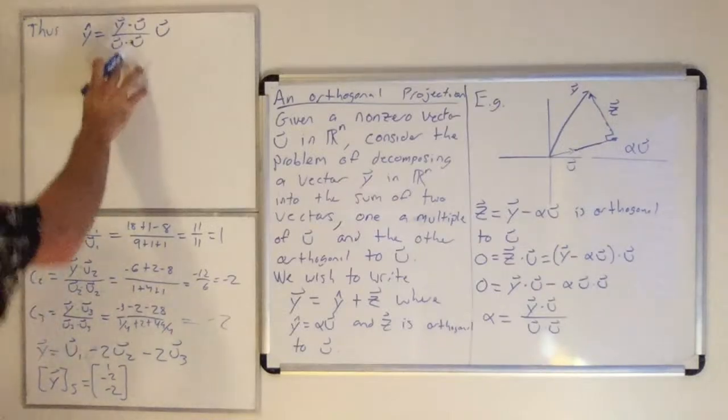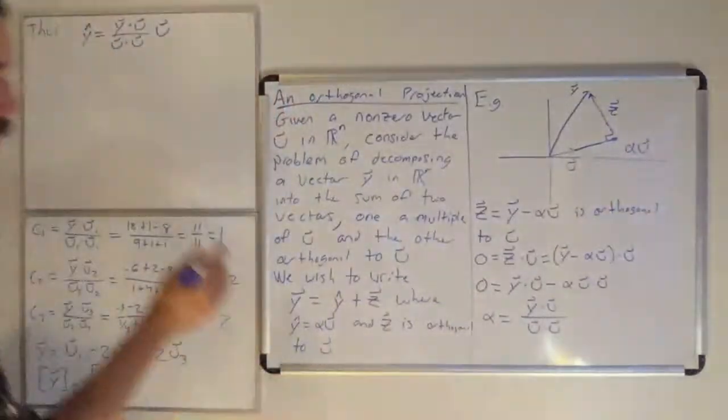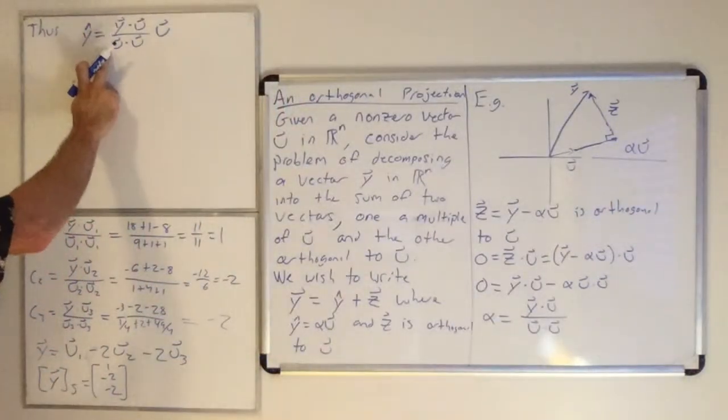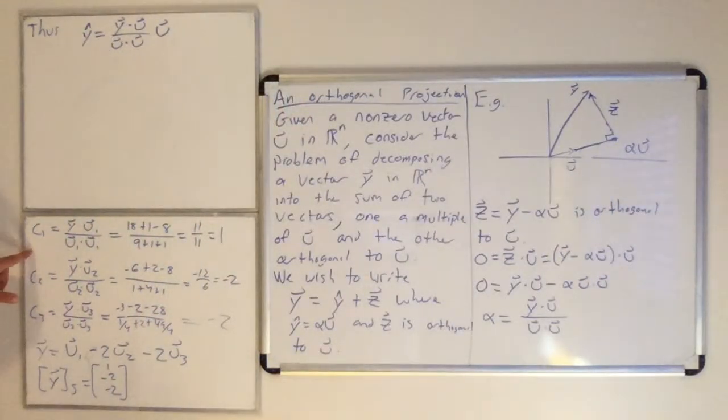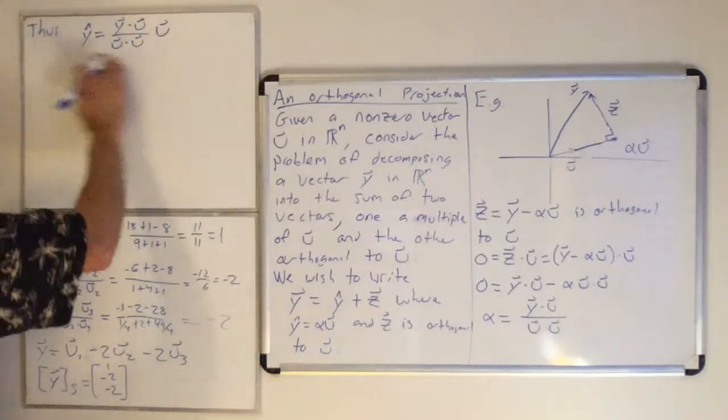Okay, so to figure out the vector that is parallel to u, we have to find y dot u over u dot u. This is the exact same ratio as what we dealt with for these coefficients, and that's not a coincidence. Okay, so let's give this a name here.